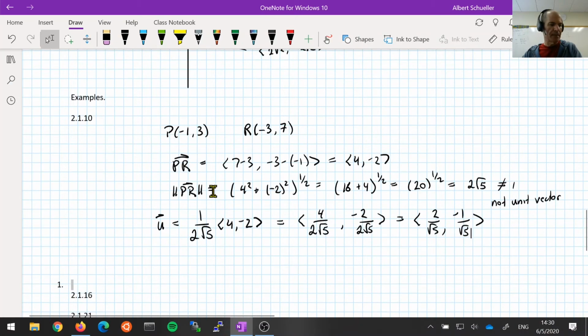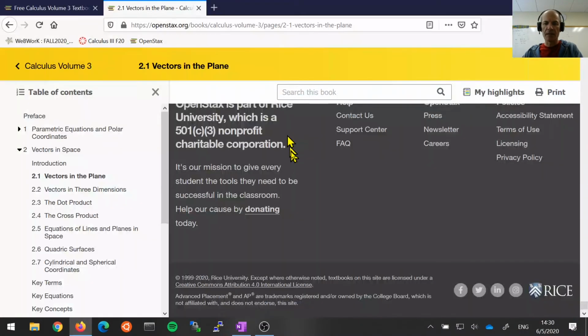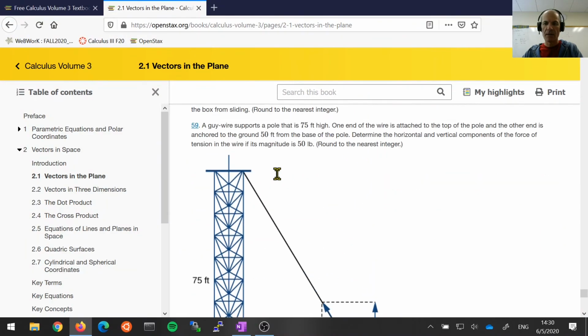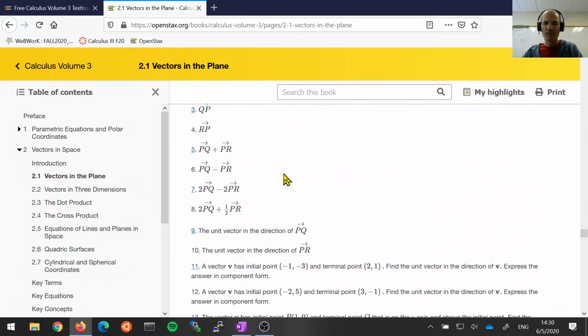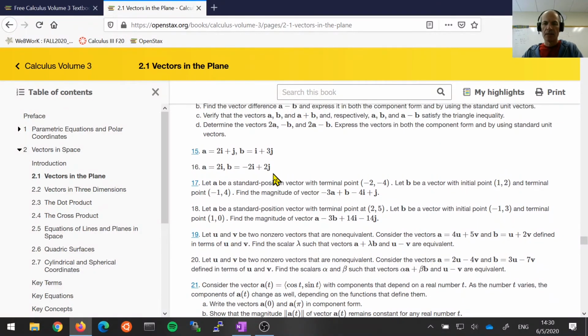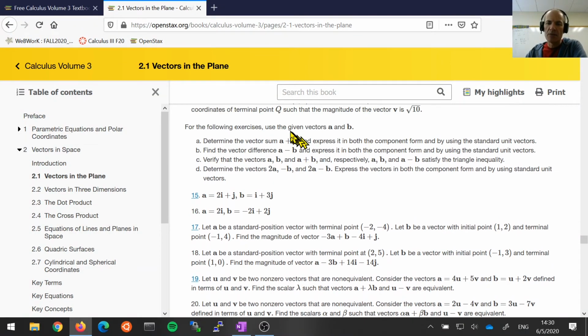Let's look at number 16. All right, in 16, for the given vectors, find the sum and express it in component form, and by using the standard unit normal vectors. A minus B, verify that A, B, A plus B respectively satisfy the triangle inequality, and determine these various quantities.